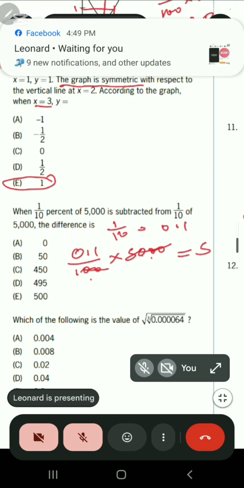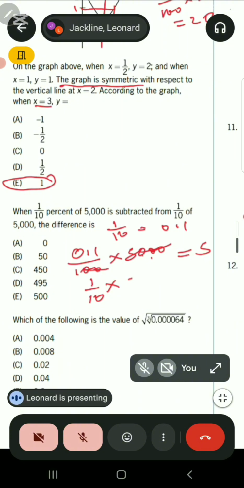Then the other one is 110 of 5,000. 110 times 5,000 is 5,000 divided by 10, which is 500, right?